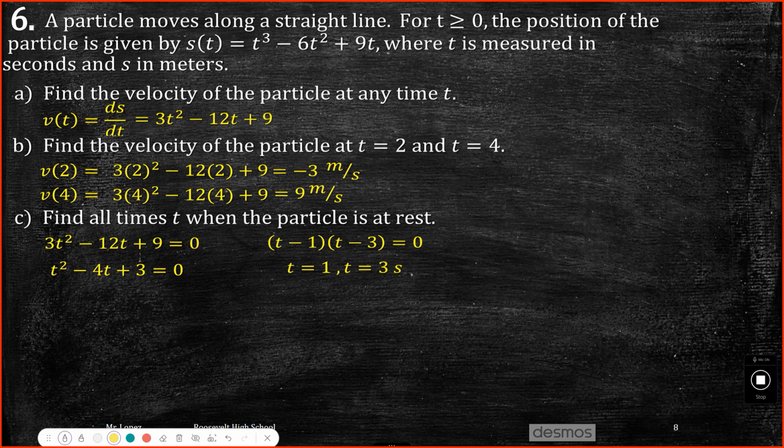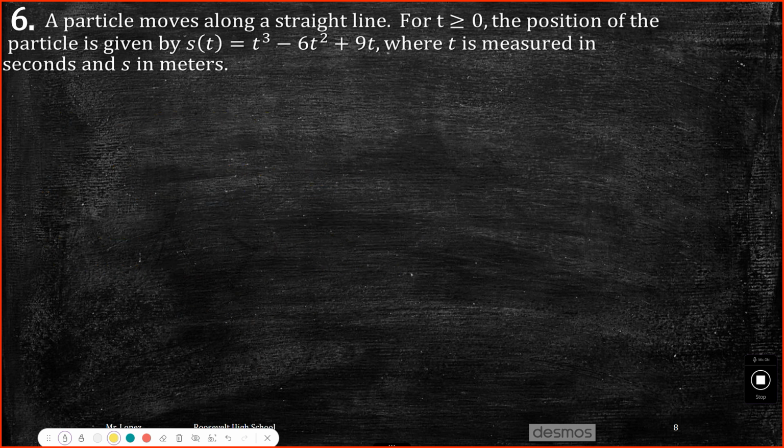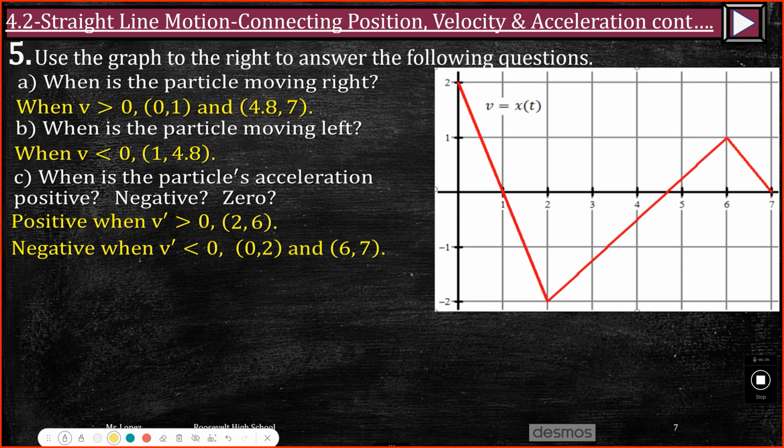Doesn't that answer the question that we missed before? What was the question? When was it at rest? The previous question, when is it moving left to right or something like that? Right here, let me go back to it. When is the particle's acceleration?